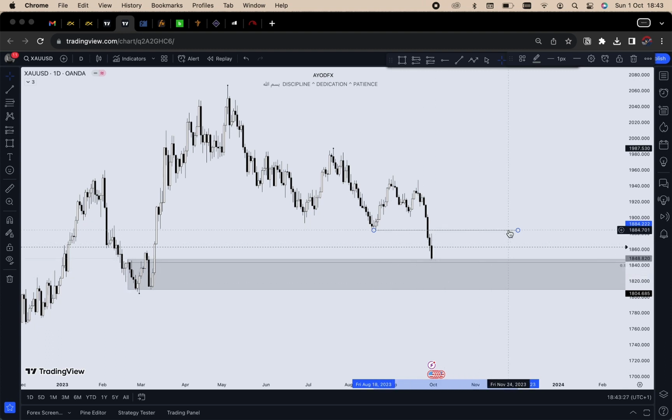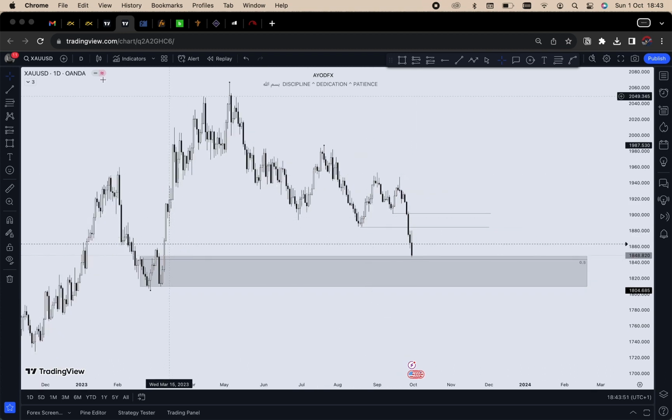That is where I might be taking off my buys, or if some fundamentals support what we are trying to do, I might look to target this low right here. But whichever way, that will be the level where I'm targeting.